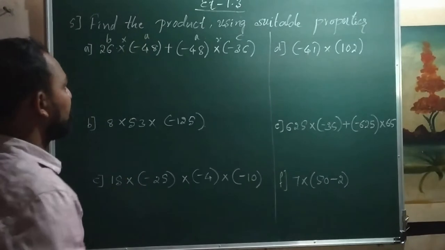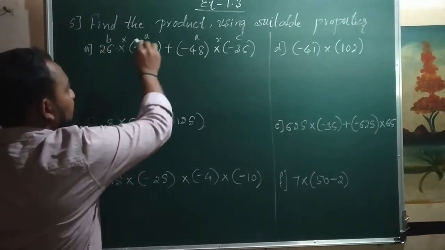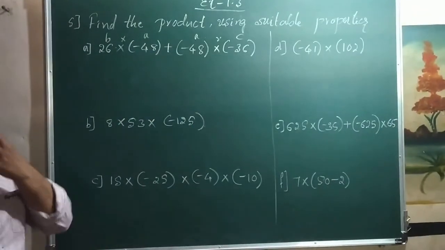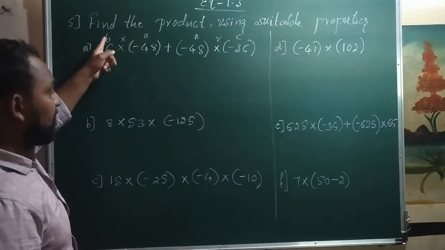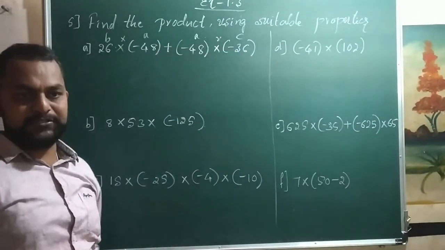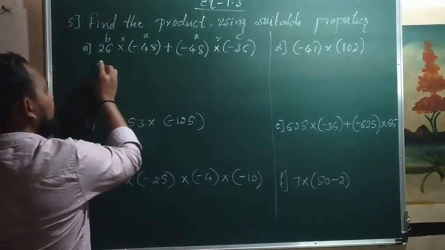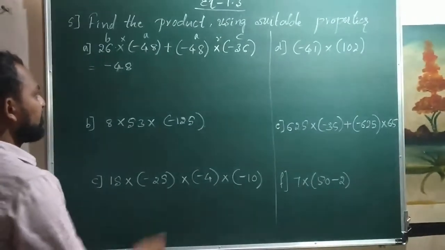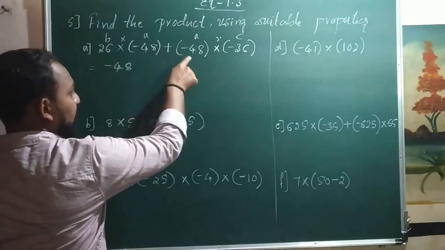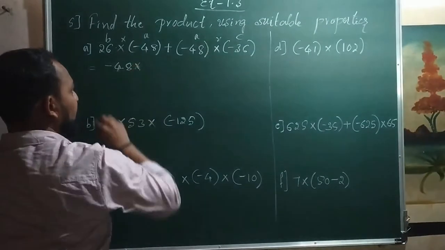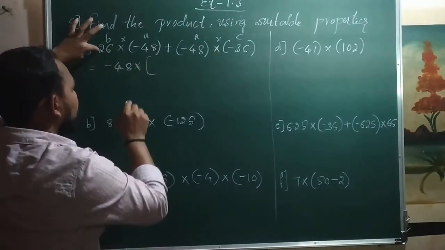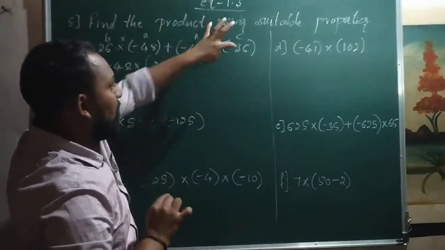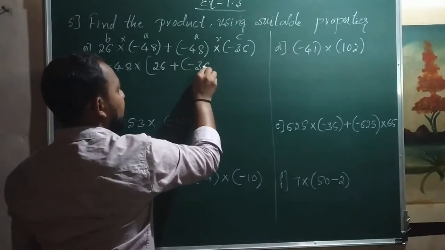Observe the property: A into B and A into C. A into B plus A into C. So take minus 48 as common, into, and the remaining values are 26 and, with the plus sign, minus 36.